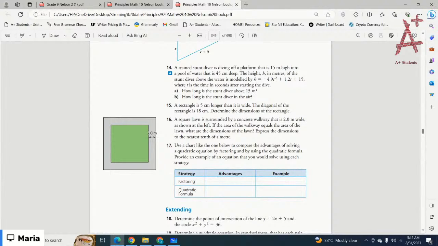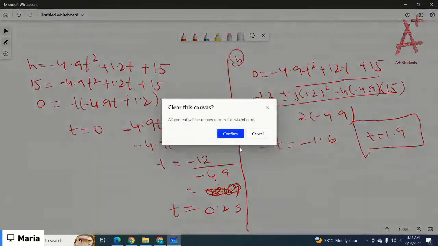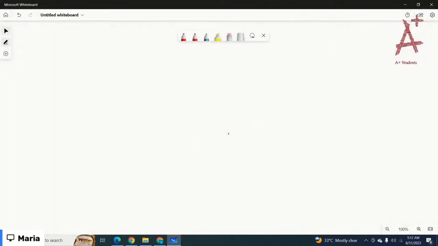So the area of the walkway is the area of the entire square minus the area of the lawn. X is the side length of the lawn, right? So the area of the lawn is x square, right?